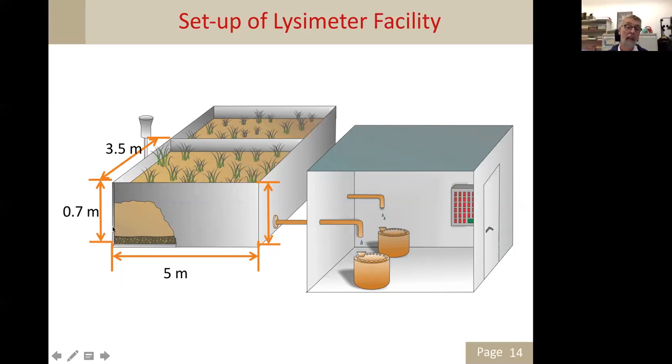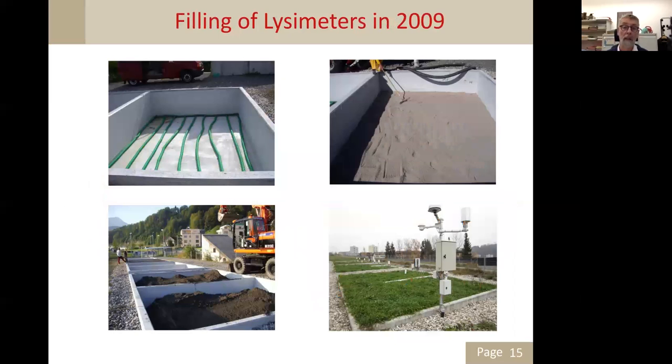And we have a depth of 70 centimeters of soil above a drainage layer. The outflow is collected and sampled in a separate room, and so we are measuring the total discharge as well as the concentration, but we also measure other things.